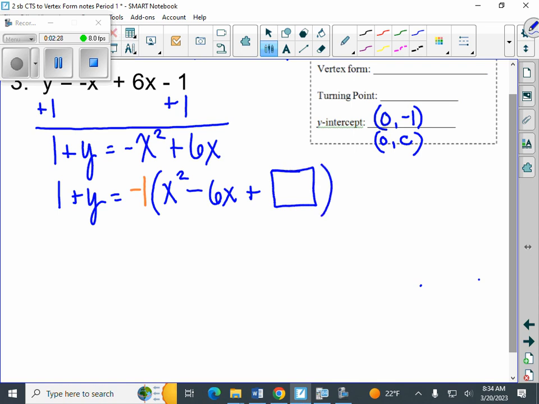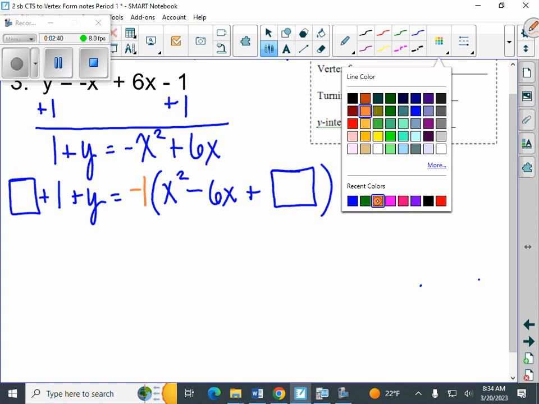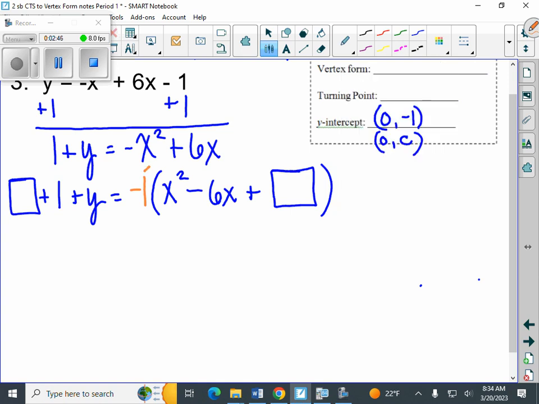And if we add the box on the right side, we need to add the box on the left side. And it's going to be a tight squeeze for me. But not only are we adding the box, but we also need to remember that in order to make this equation work out, we would have to distribute the negative 1. Negative 1 times x squared gives us our original negative x squared.